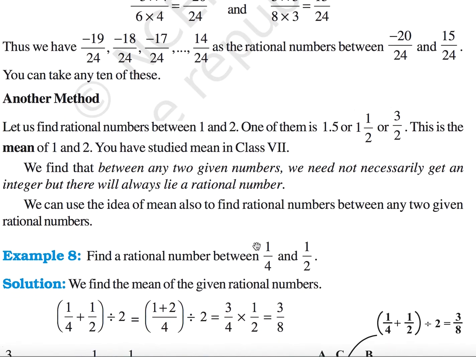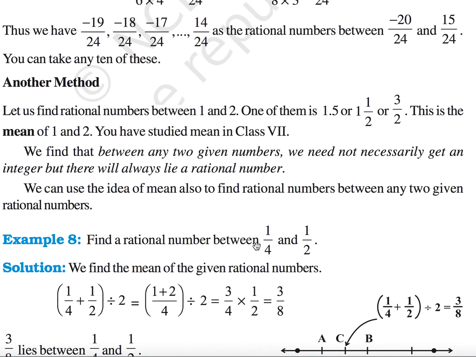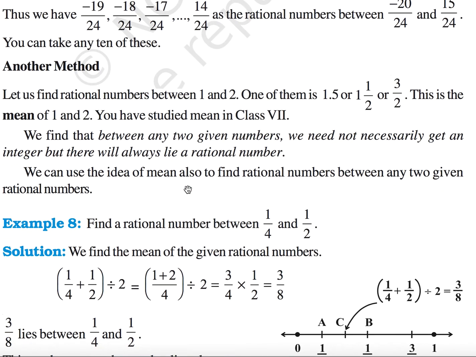What is the other method to find rational numbers between two rational numbers? If you want a rational number between 1 and 2, you can take the mean, the average of these two, which is 1.5, or 1 and a half, or 3 by 2. Between any two given numbers we need not necessarily get an integer, but there will always lie a rational number.